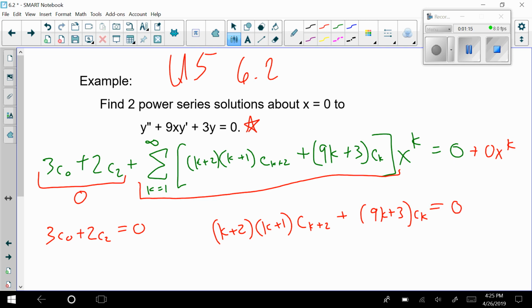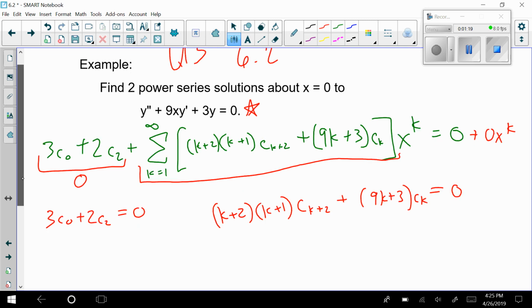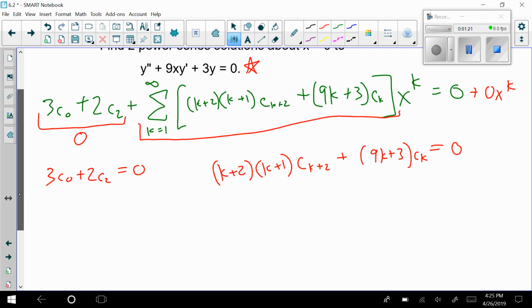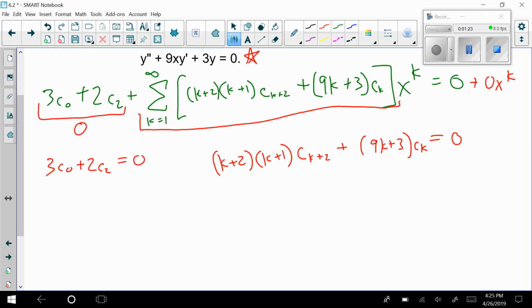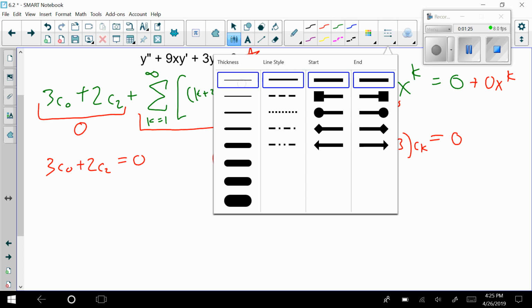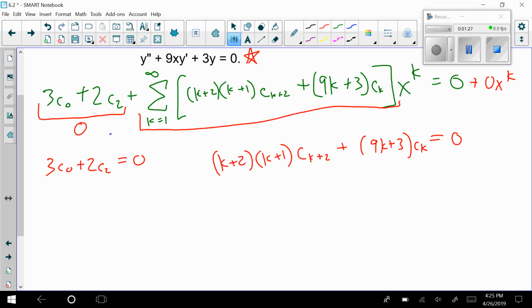Now, notice that I excluded the summation sign. I'm not too worried about it, and neither should you. We're going to exclude it for now.